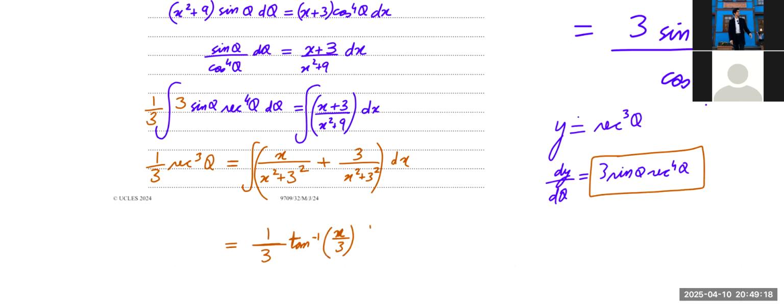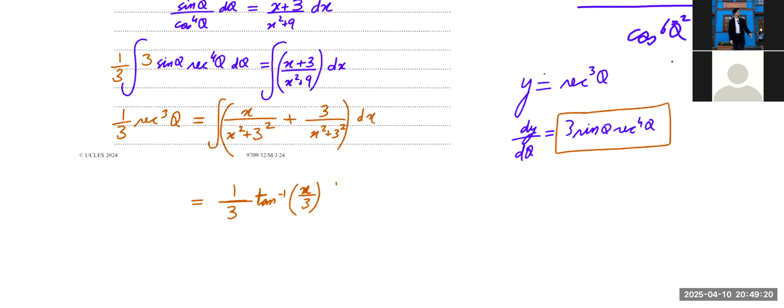That's what you meant. Yes. And then plus, what is this guy? 3 over x plus 3 squared. Okay, so 1 over 3, sine inverse, I think. Plus, oh, okay. It's the log, or wait, no. I only see 1 over, yeah? Wait, does that still work?